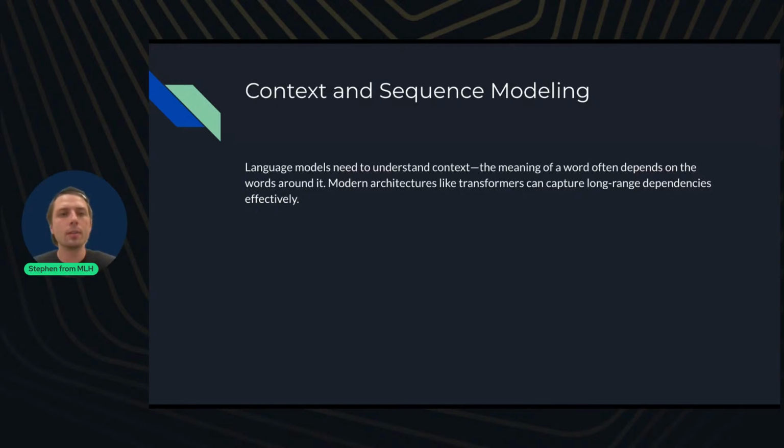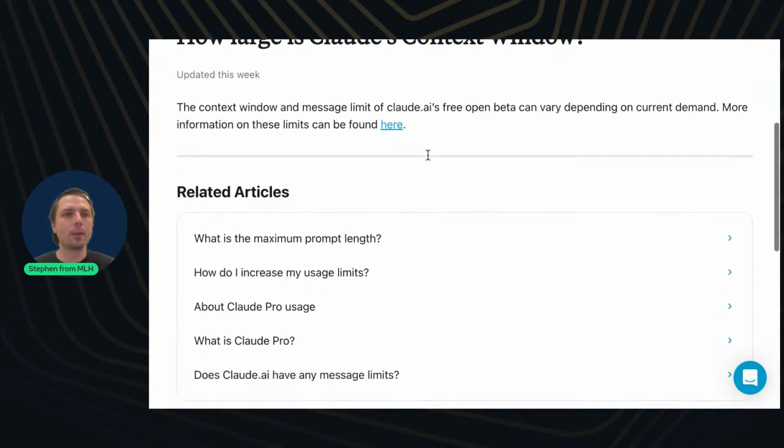And has anyone heard of the term context window? Do you know what is the largest context window in these? Let's see, Claude, maybe. What is Claude's context window? Let's look at this. I'm really curious myself.